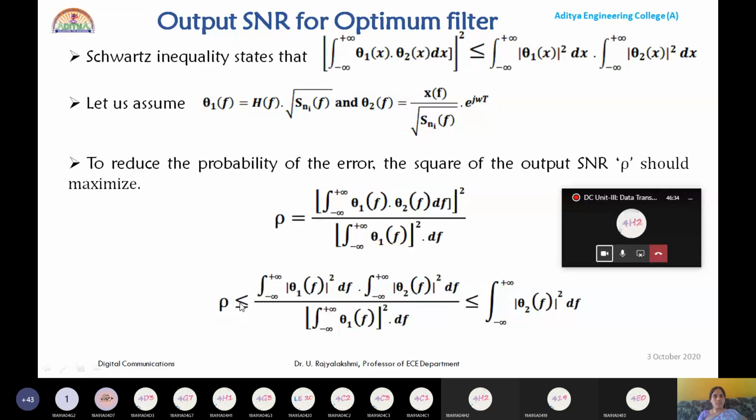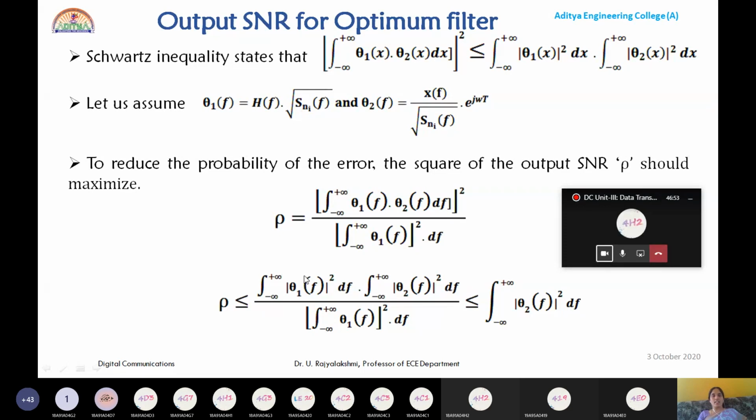So we represented it as less than or equal to the integral of theta 1 of f whole square df multiplied by the integral of theta 2 of f whole square df.